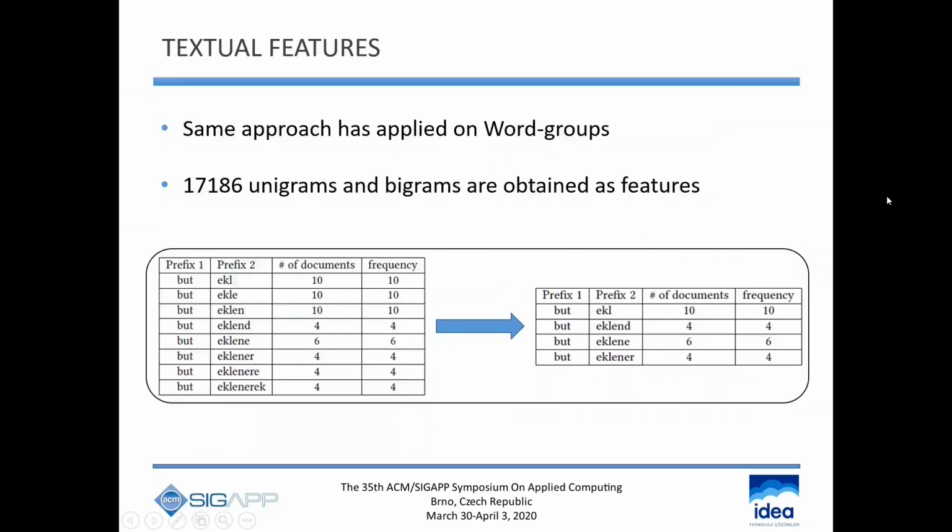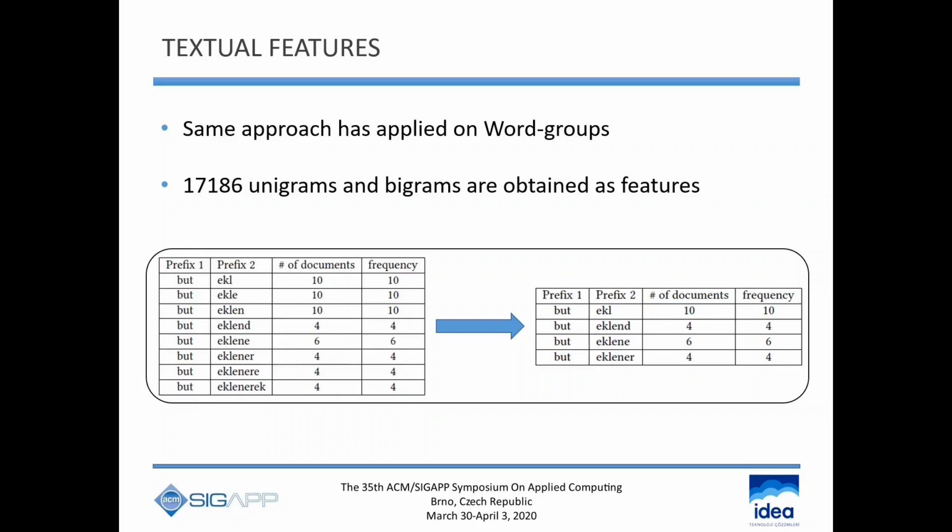We think that the use of word groups is as informative as single words. We applied the same approach to binary word groups. In our case, binary word groups are combinations of prefixes, as can be seen in the figure above.